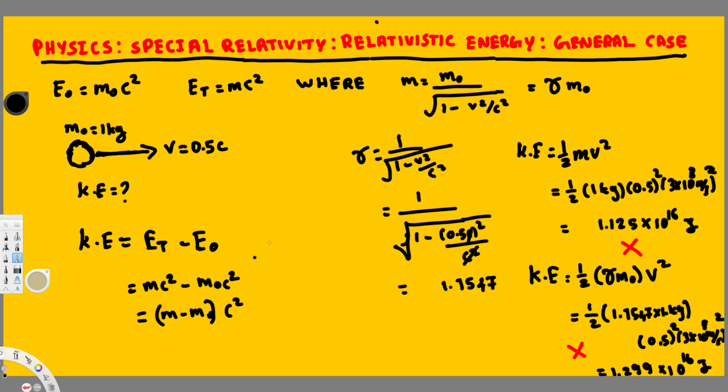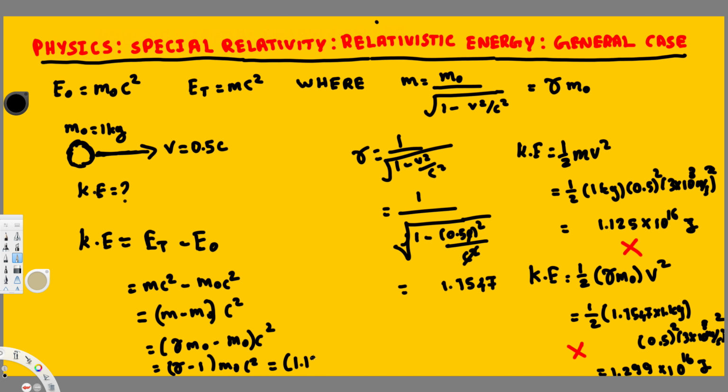And we know that m is equivalent to gamma m naught, so we can replace m with gamma m naught minus m naught, times c squared. And we can also take m naught common. So this is going to be (gamma minus 1) times m naught c squared, and we have calculated gamma already, right?